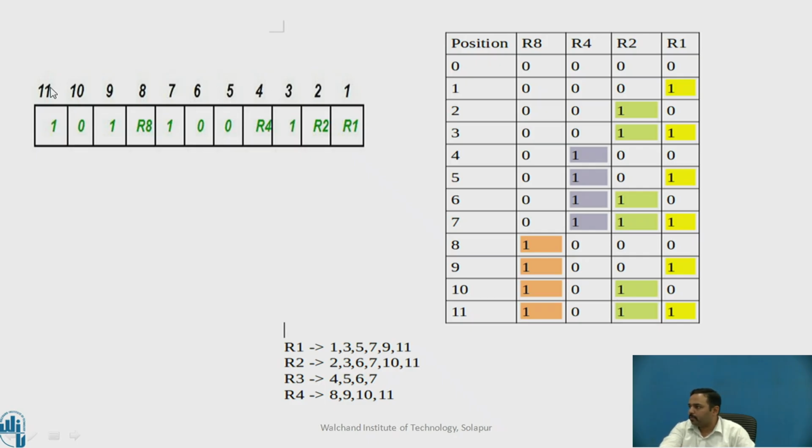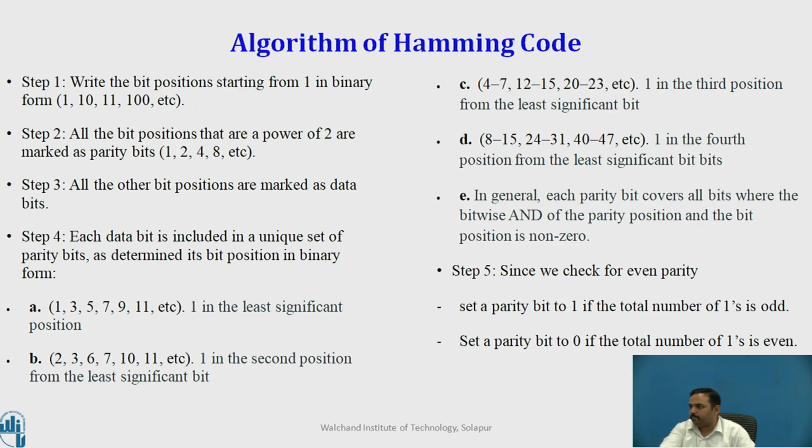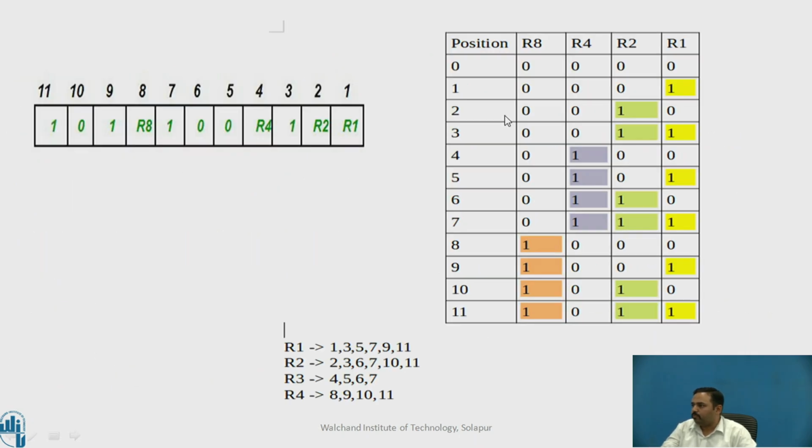Step 2: all the bit positions that are powers of 2 are marked as parity bits. The first power of 2 is 2 raised to 0, which is 1. So R1 is a parity bit. Now 2 raised to 1 is 2. So R2 is a parity bit.